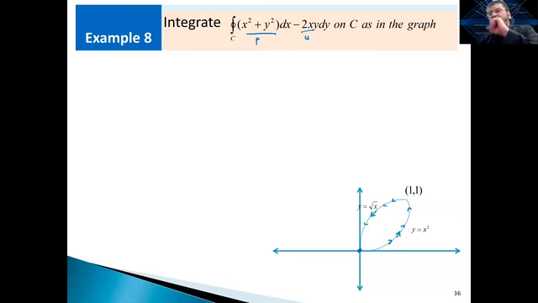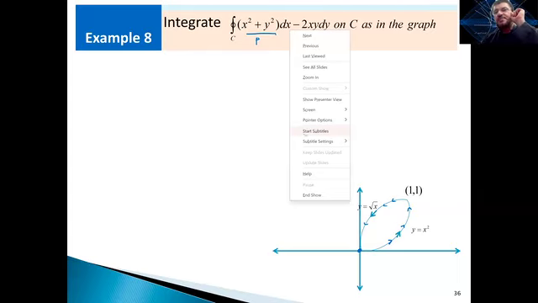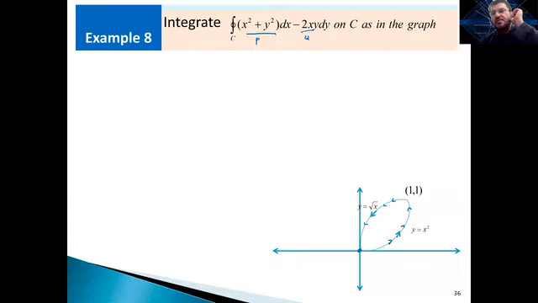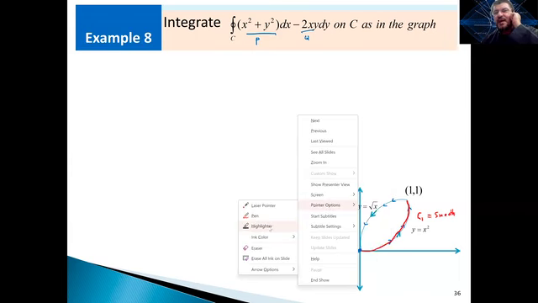The big problem with this curve is that it is not smooth, but from here up to here, this is going to be called C1, and this is smooth, isn't it? Then when he comes back, he's going to come back with a different path.